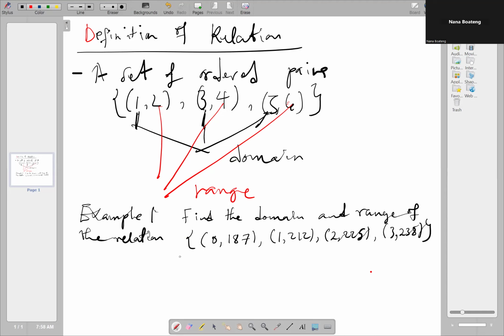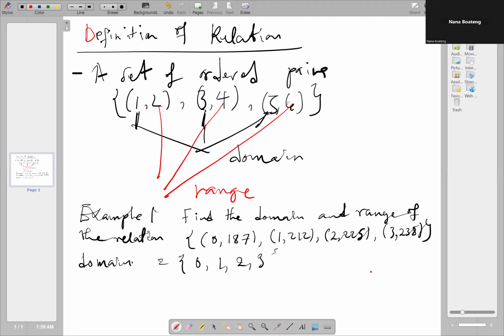The domain will be the first values of the relation. So the domain will be these points: 0, 1, 2, and 3.